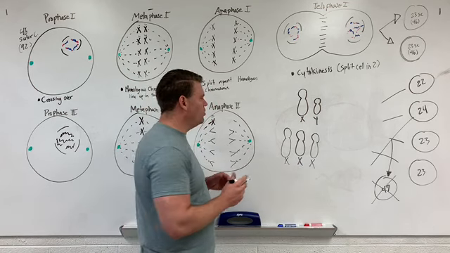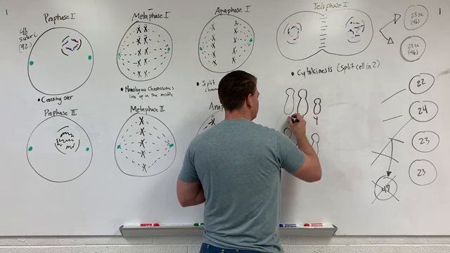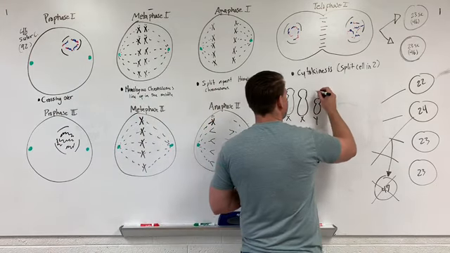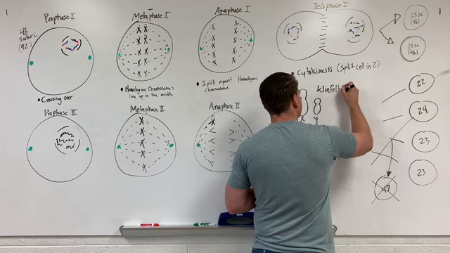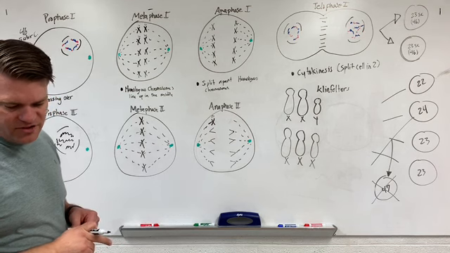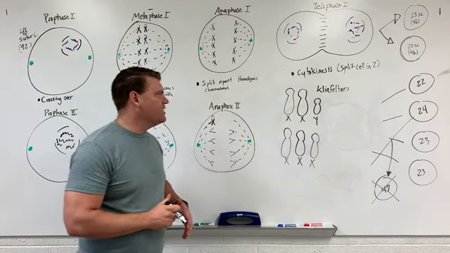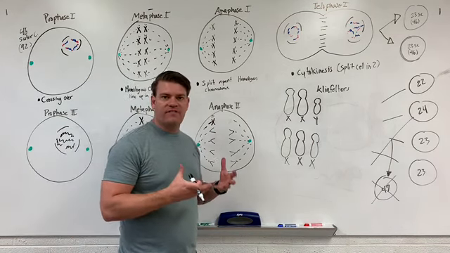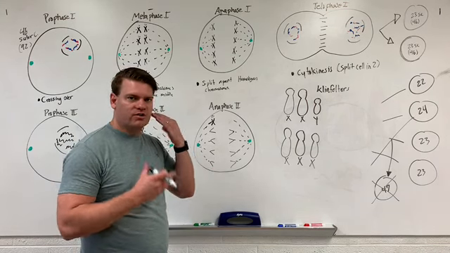But then there's people who will end up with 2 X's and a Y. And these are individuals that have a disease called Klinefelter's. And Klinefelter's is where you have, like I said, this XXY, and people who have this disease often are physically female, and they tend to be shorter. They tend to have what we call a web neck. They have a really short, kind of wide neck.